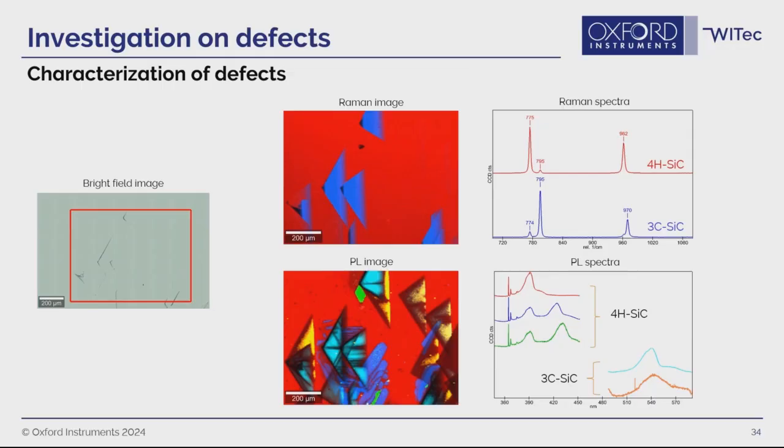For 3C silicon carbide, the PL peak is located at around 530 nanometers, which correlates to approximately 2.3 electron volts. As one can imagine, it is crucial to have this information, as varying bandgap properties might impair the functionality of the power devices.